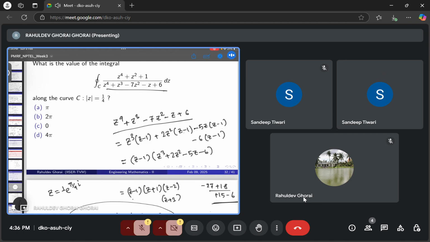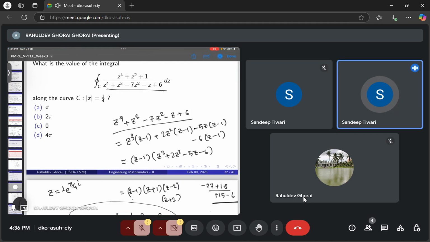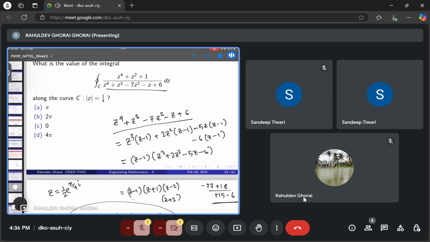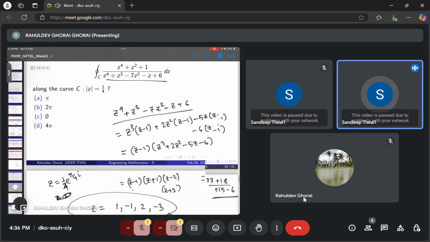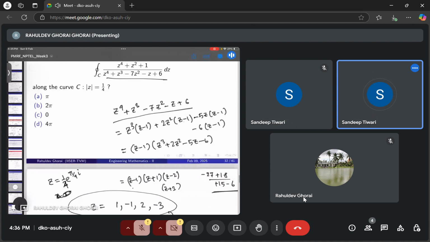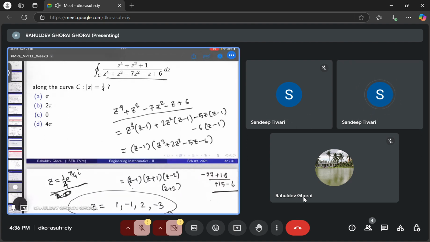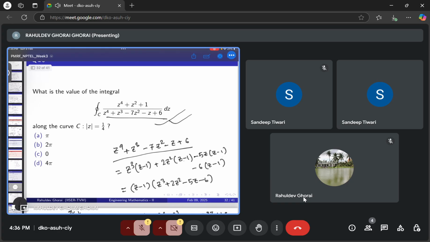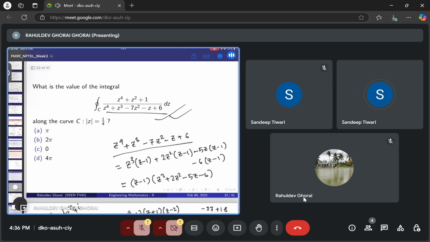Modulus of z is already 1 by 4, so that will be monogeneous. Then you have to put all these things here, and it's going to be a nightmare, very difficult.